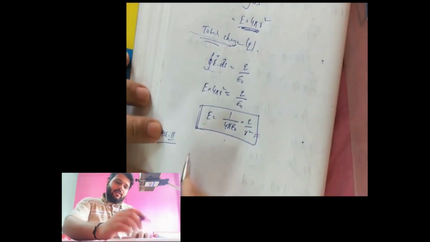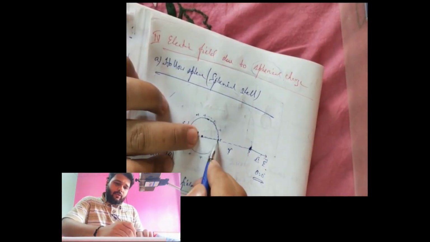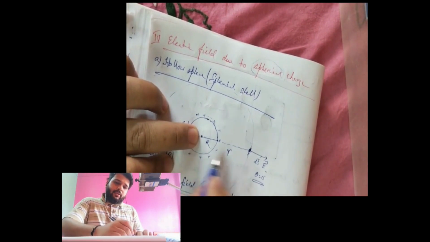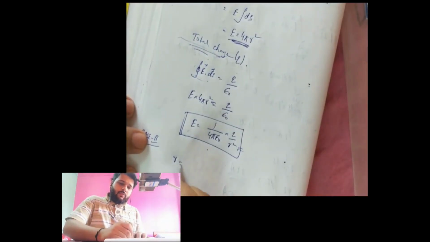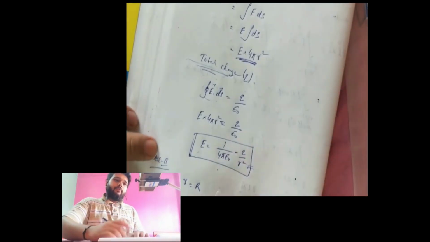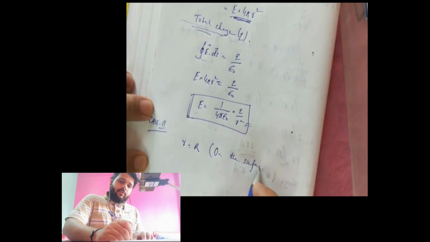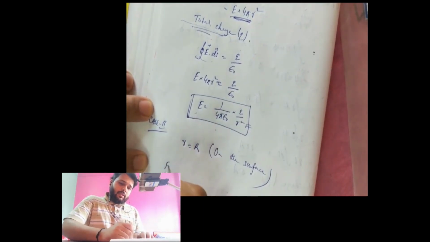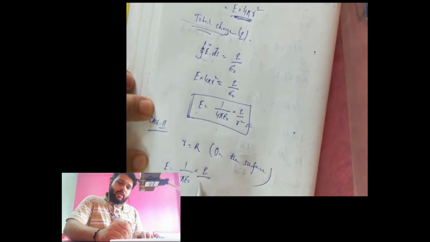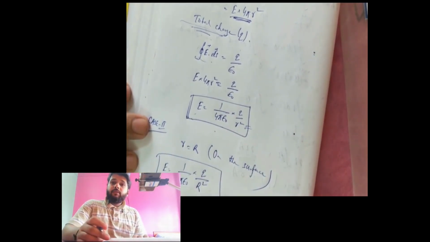In this case, we know this distance r, and we have taken the radius as capital R. So this small r will be substituted by capital R when we have to calculate the electric field on the surface. So E is equal to 1 by 4 pi epsilon naught into Q by capital R square, where capital R is the radius of the sphere.